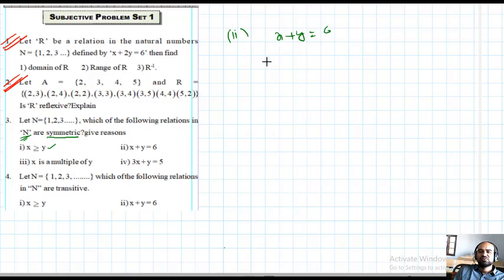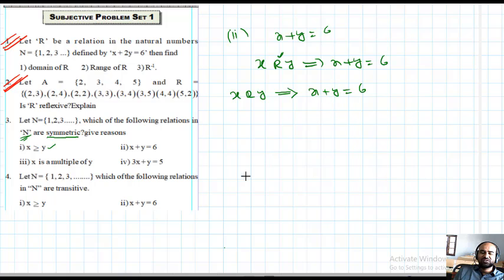Another one. So, x related to y in this problem means x plus y equal to 6. Now, I want to check whether this relation is symmetric or not. X related to y should give y related to x. According to this definition, what is y related to x?